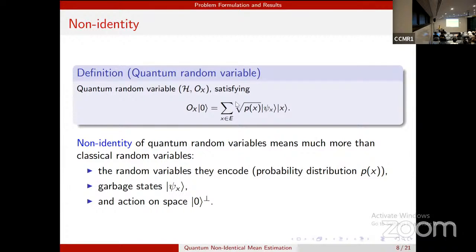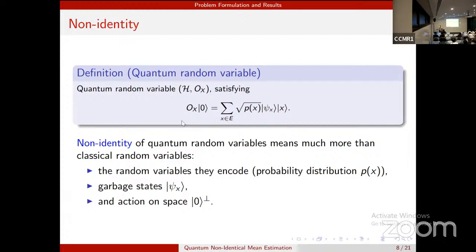First, the probability distribution P X can be different as long as they have the same mean, just as with classical random variables. Besides, since the quantum random variables are unitaries, instead of only a distribution, they still have some garbage state, and those can also be different.